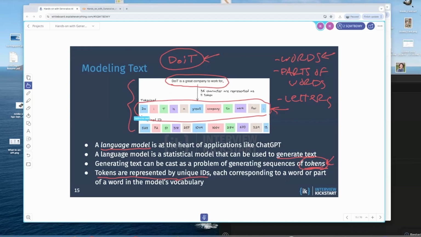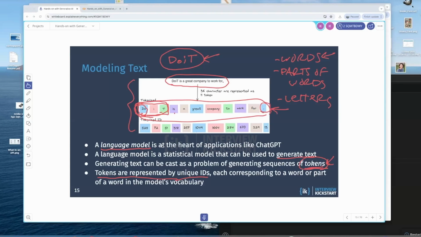The important thing to notice here is the way we've broken up the name of this company, "Do it." We have the word "do," capital D-O, that maybe is a token in our vocabulary. Then we have the letter I that's in our vocabulary. Then we have the letter capital T that's in our vocabulary. So those are the first 3 tokens in the sequence. And then all the other words, because they're common enough words, are also in our vocabulary. We have "is a great company to work for."